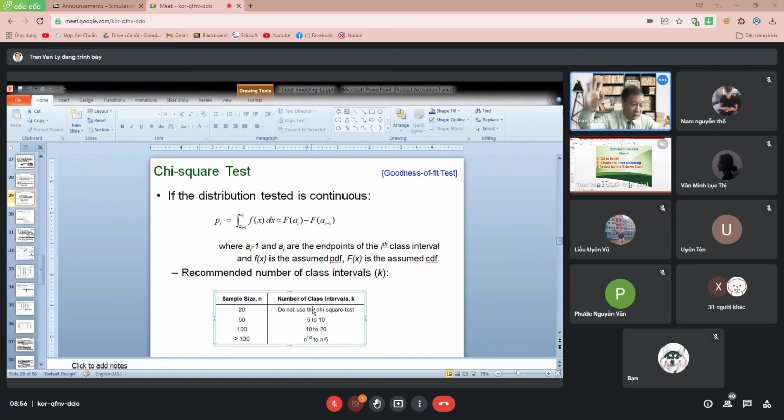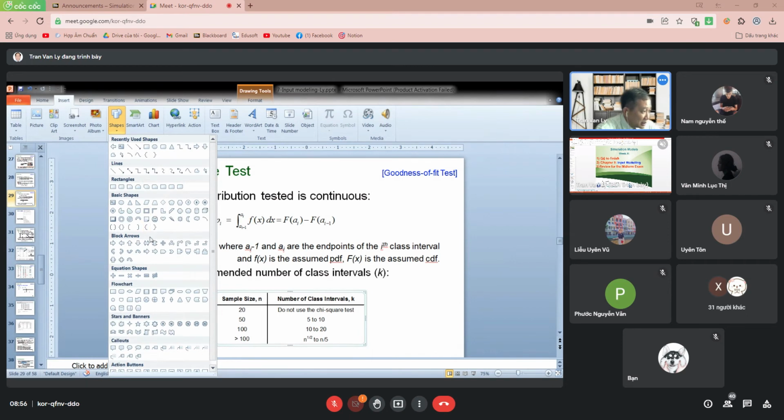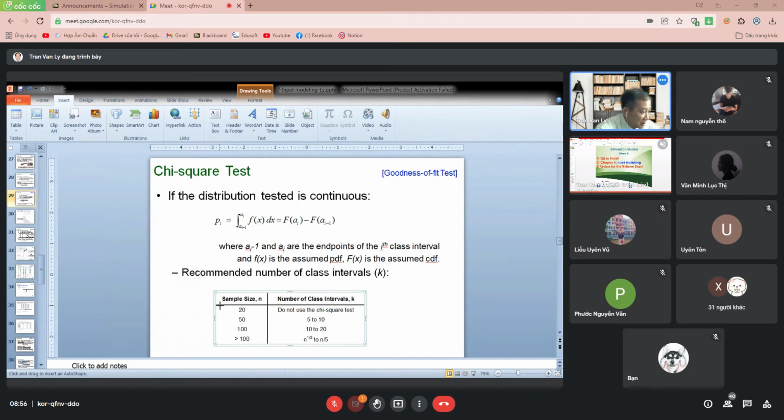If the sample size is too small, don't use the chi-square test. At least this one aside. And they recommend the value of k, the value of k classes. This is k. This is a basic table.